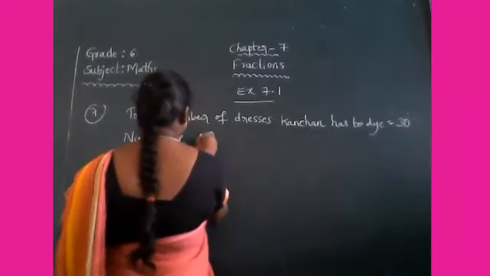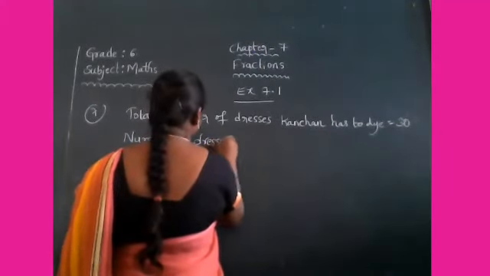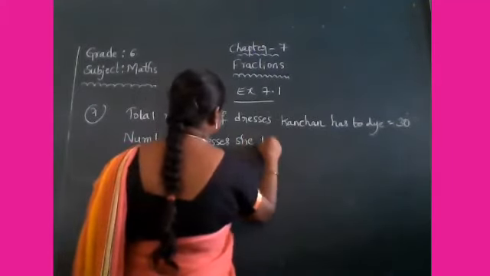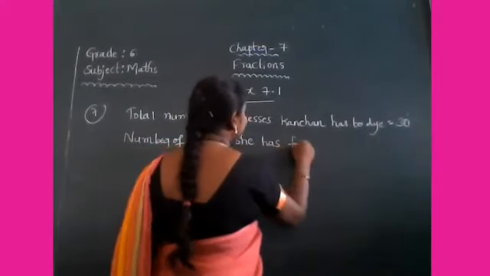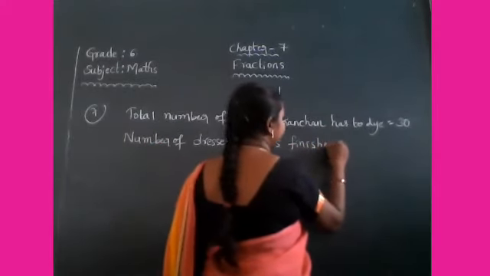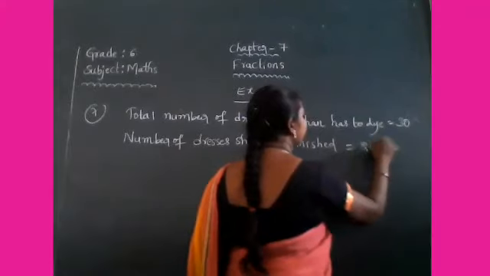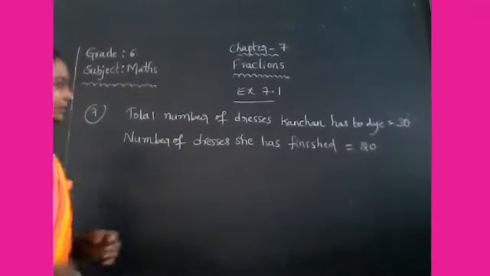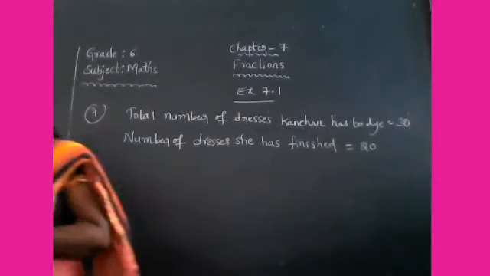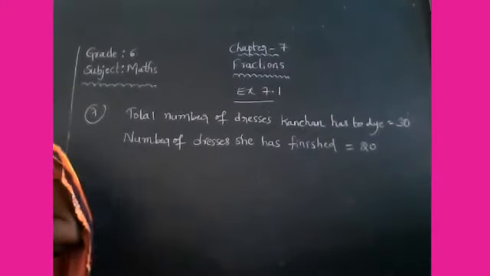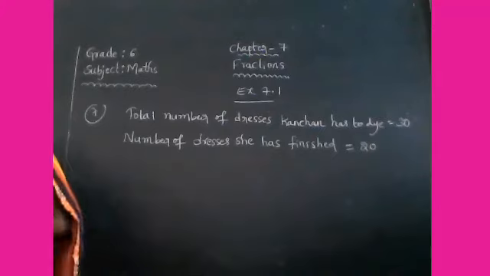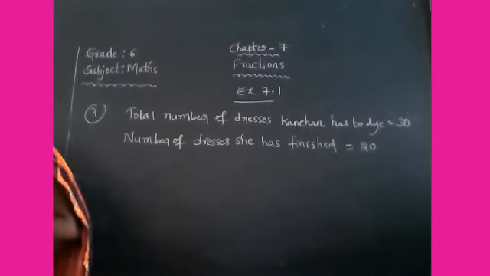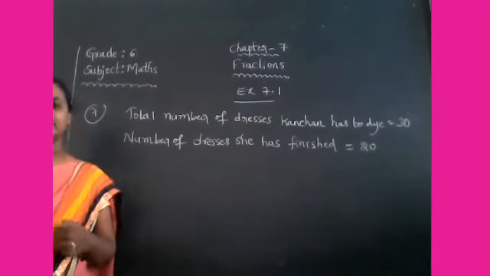Number of dresses she has finished is equal to 20 dresses. We have to find the fraction of dresses she has finished.